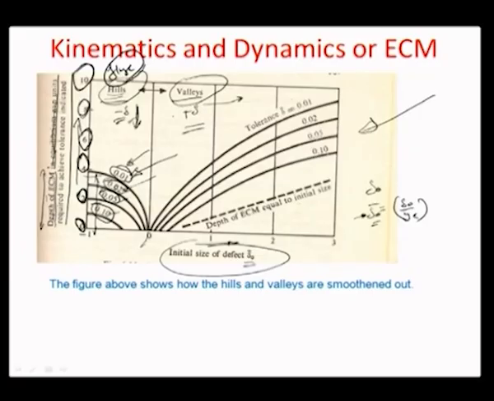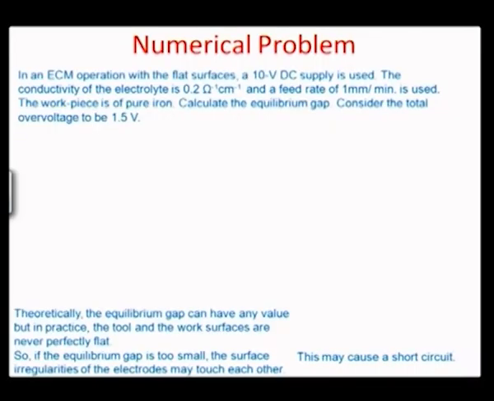So, let us actually now look at some numerical design problems. Let us say in an ECM operation with a flat surface, as you can see here, a 10 volt DC supply is used, and the conductivity of the electrolyte is given here as 0.2 ohm inverse centimeter inverse.